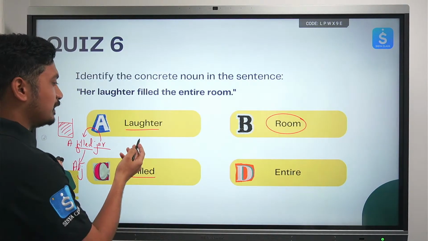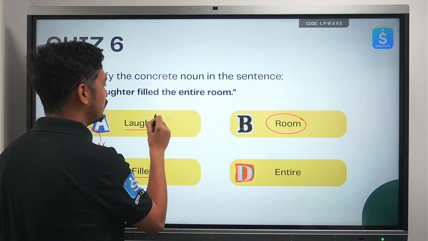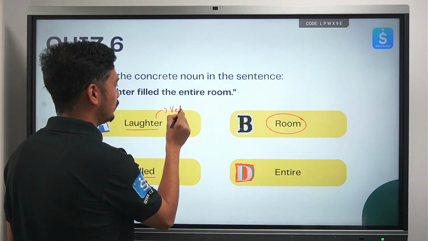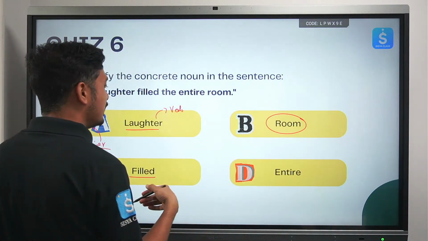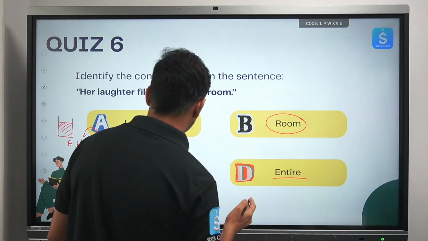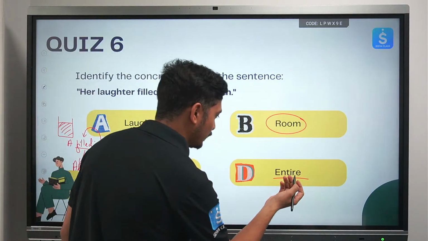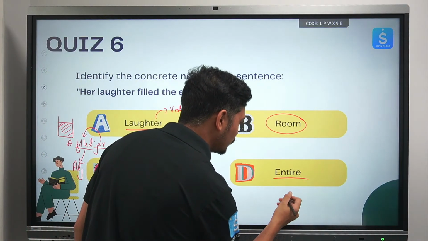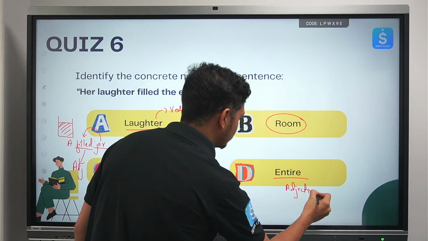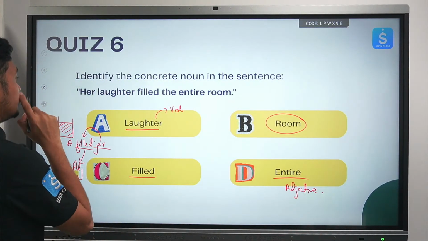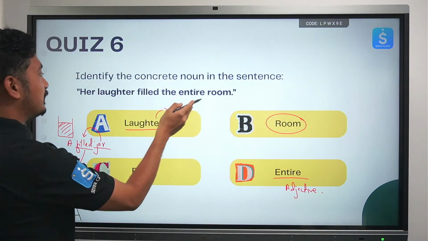Then laughter is a form of verb, so not this one again. And then we have entire, which is again not a verb, it is actually an adjective. Therefore, if you see, her laughter filled the entire room.